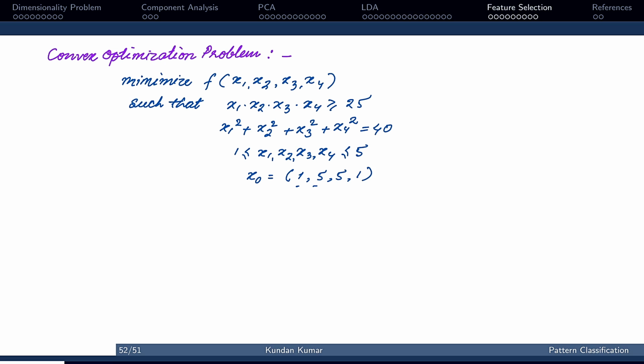These are the corresponding initial values of x1, x2, x3 and x4.